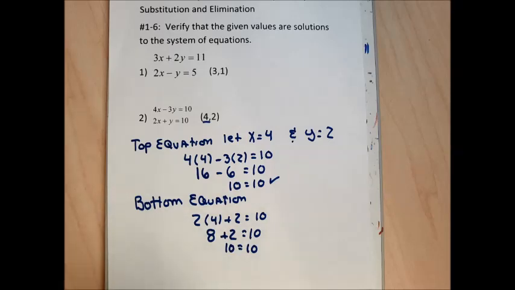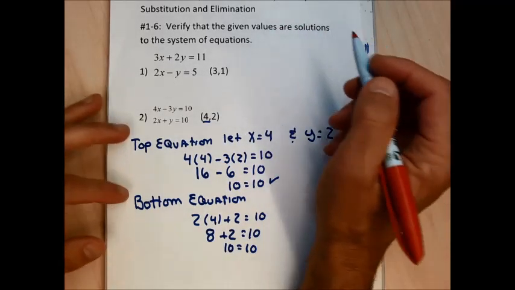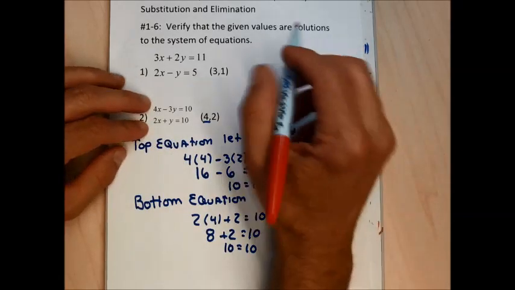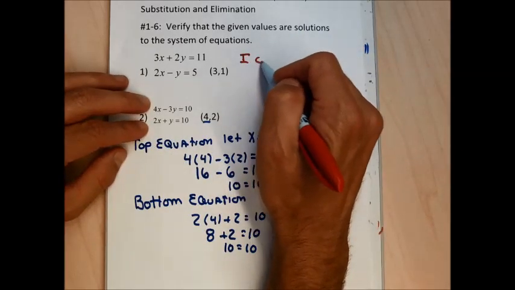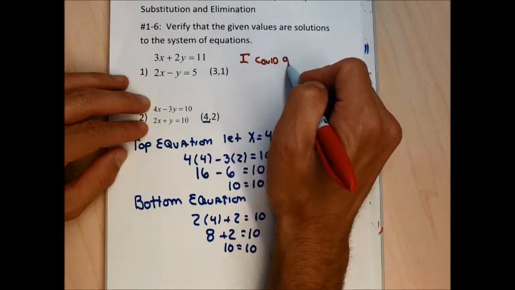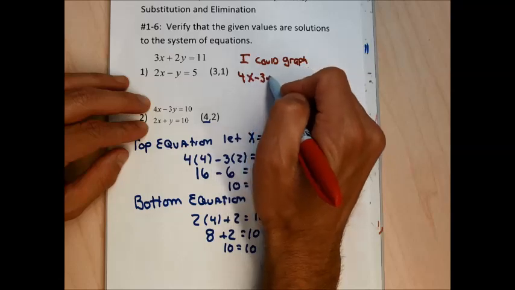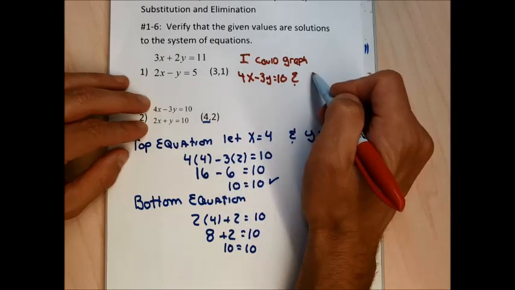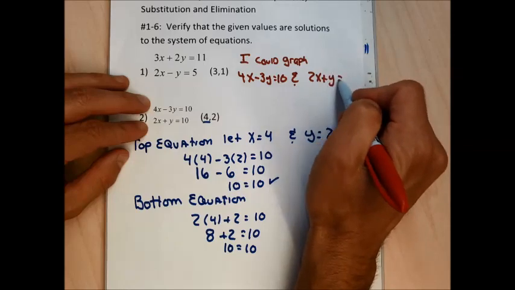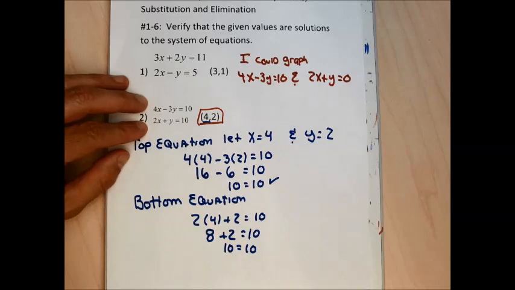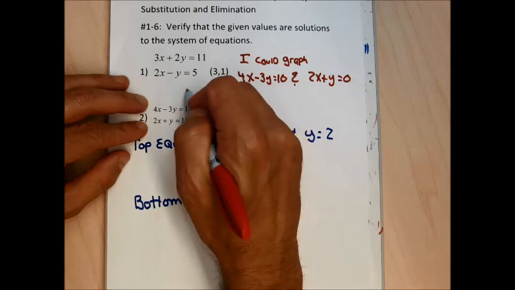What I could do is show you graphically what's going on. Graphically, this point 4, 2 is the intersection of these 2 lines. If I wanted to, I could graph 4x minus 3y equal to 10 and 2x plus y equal to 10, and the point that is a solution to the system of equations is going to be the intersection point.